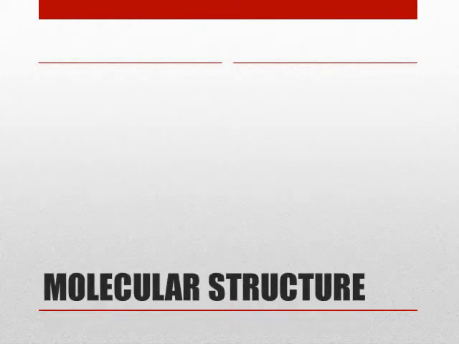Right, we're moving on to molecular structure now, and molecular structure in biological systems is quite important. If it's not the right shape or the right version of a molecule, then it may not be biologically active, or it may have unanticipated consequences.